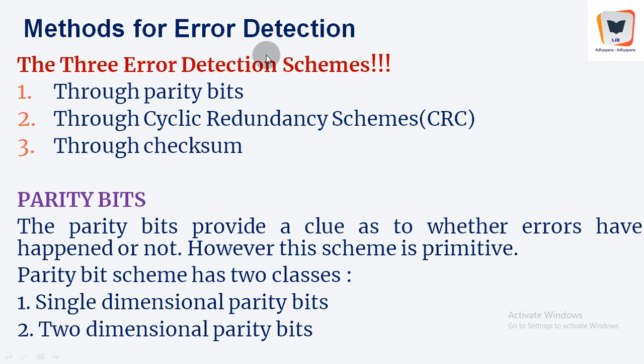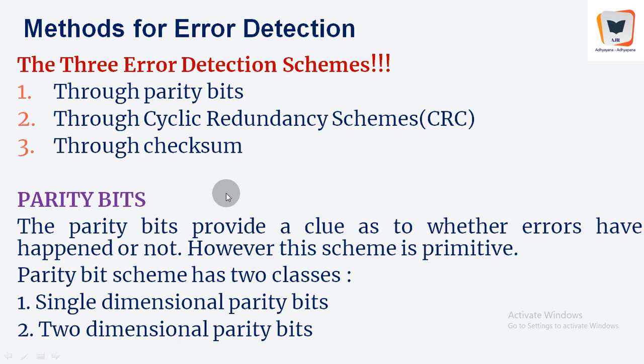There are three methods for error detection, collectively called error detection schemes. Errors can be detected through parity bits, through cyclic redundancy schemes, and through checksum. The checksum has been exemplified and explained when we discussed the transport layer, how exactly UDP's checksum and TCP's checksum detect errors.